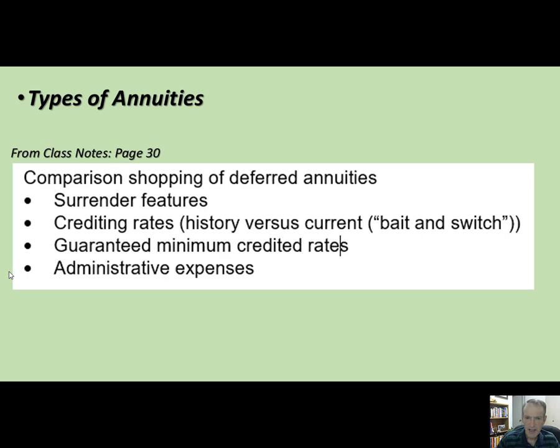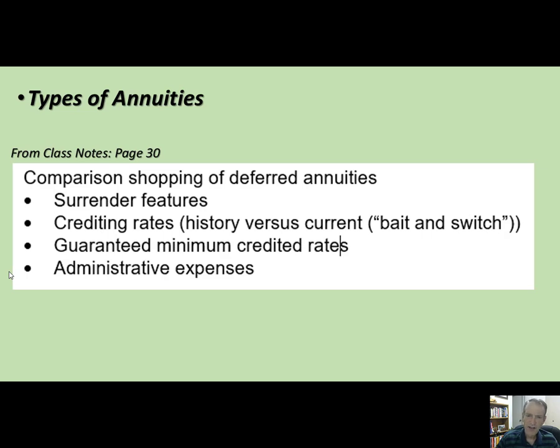All right, so before we get into equity-linked annuities, page 30 talks about how you compare different deferred annuities. The things you need to compare get pretty complicated, but you have to look at surrender features. Surrender features are: you put your money into the annuity and a year later you say, you know what, I changed my mind, I want my money back. Well, the surrender penalty could be 12%.